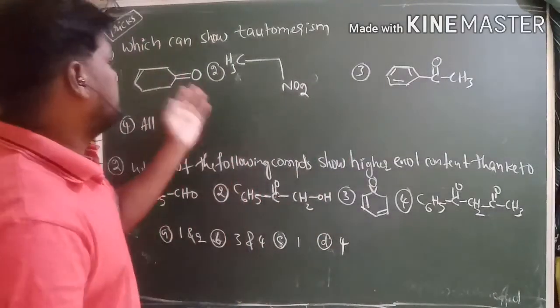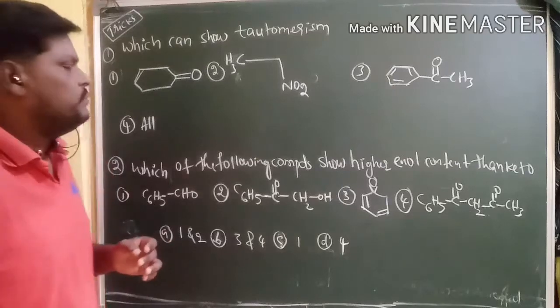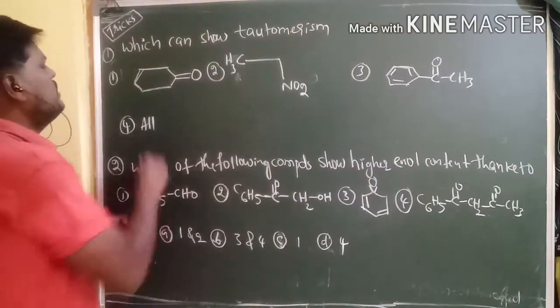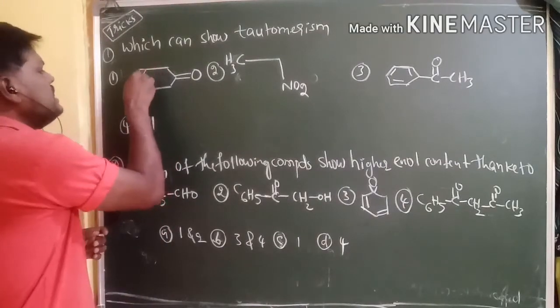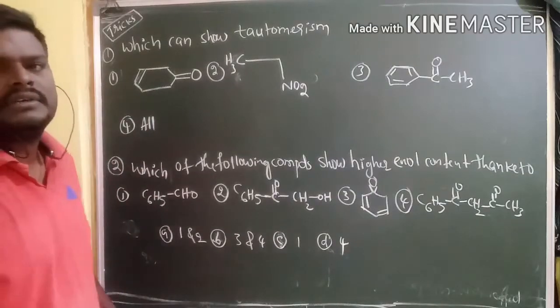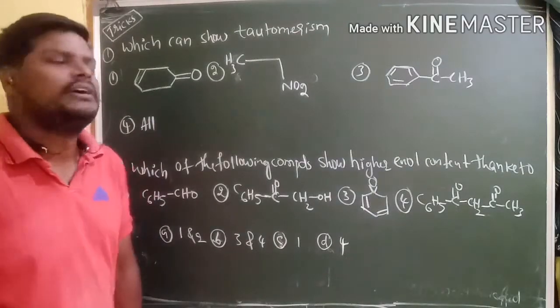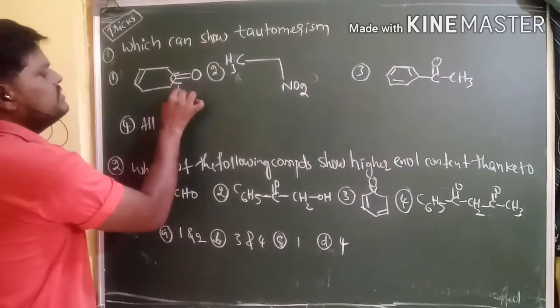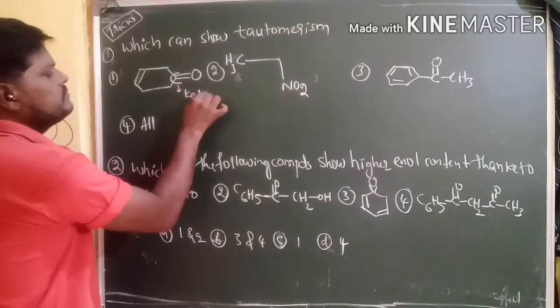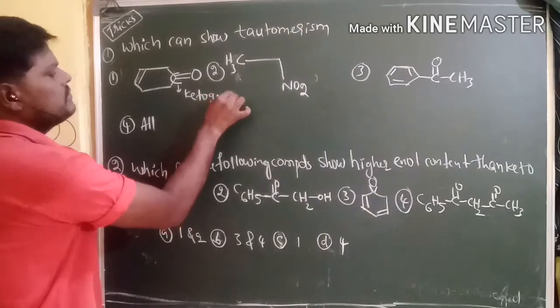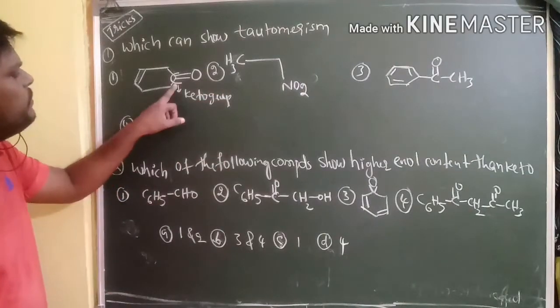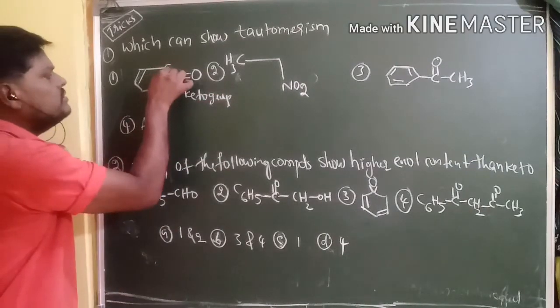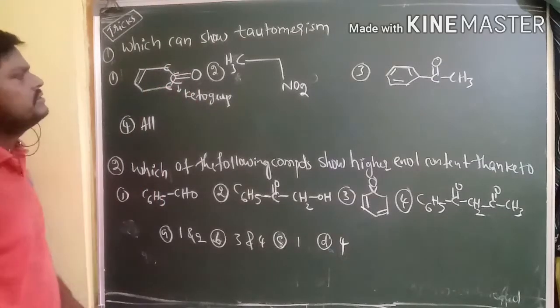So, which can show? What are the conditions here? The C double bond O group, that is the keto group, is attached to this carbon and this carbon.